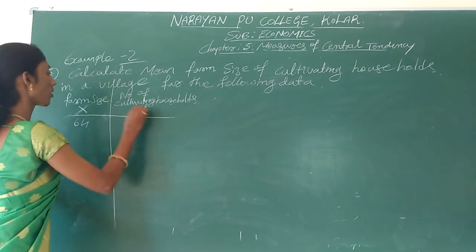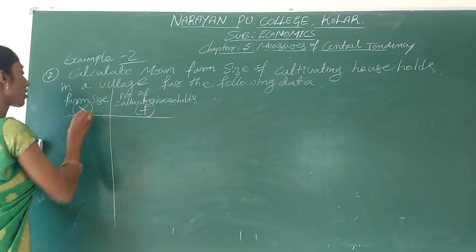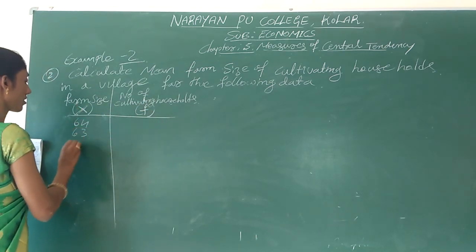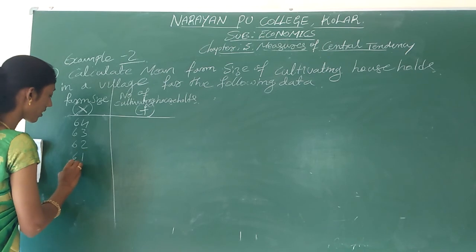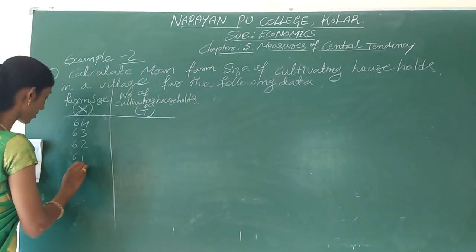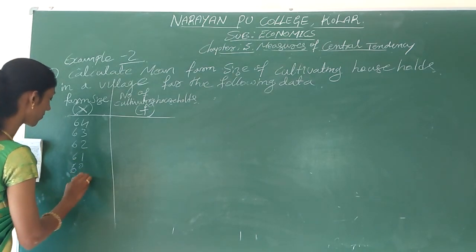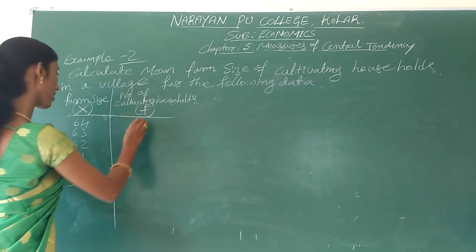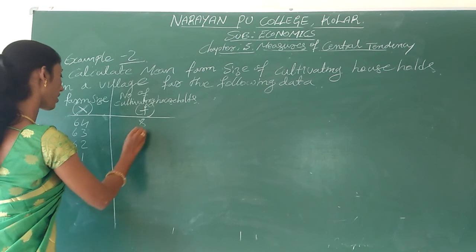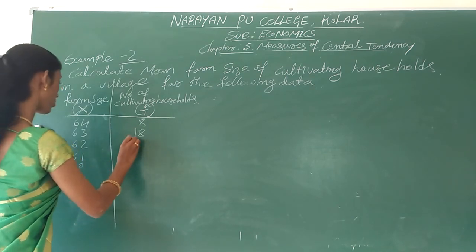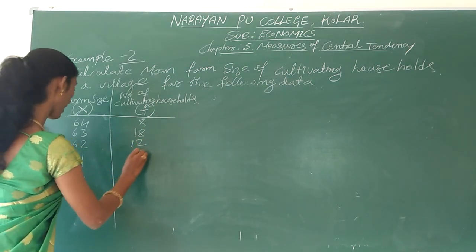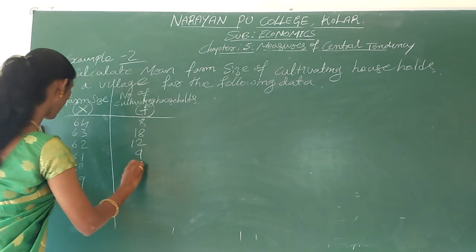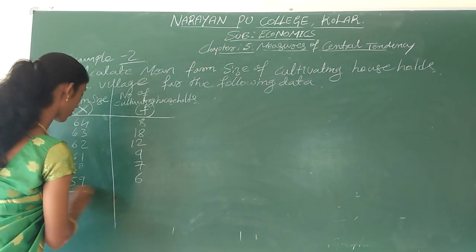The farm sizes are 64, 63, 62, 61, 60, 59, and under this f: 8, 18, 12, 9, 7, 6.